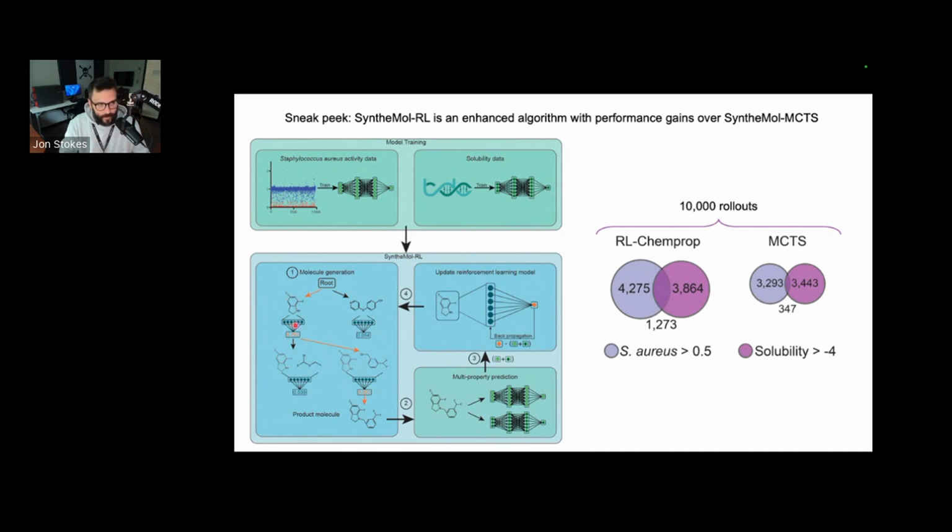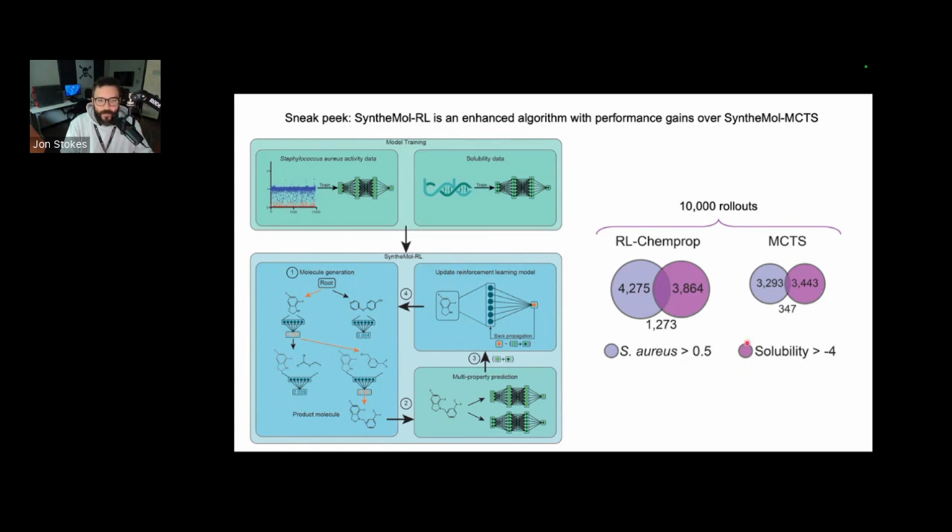So what happens is, much like before, it selects two high-scoring building blocks, puts them together, and then what it does is this architecture takes that molecule, shows it to both the Staph aureus prediction model and the solubility prediction model, gets two outputs for both. And then based on the aggregation of those two outputs across these two models, it can then update the weights of the reinforcement learning model such that in future rollouts, future rounds of generation, the reinforcement learning model gets better and better at selecting building blocks that result in molecules that are both Staph active and soluble.